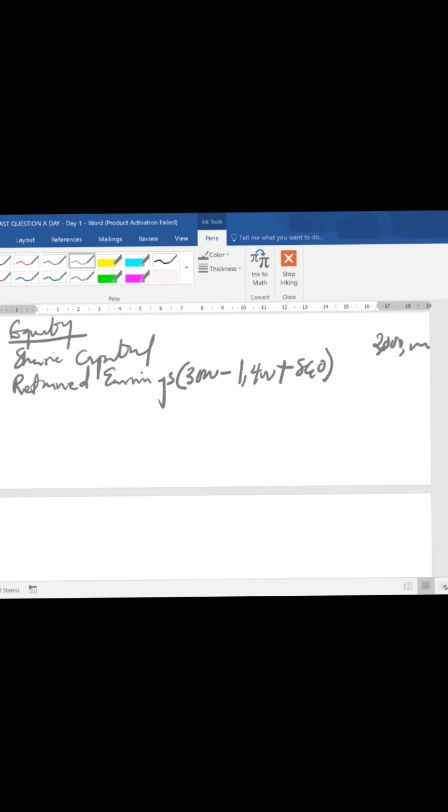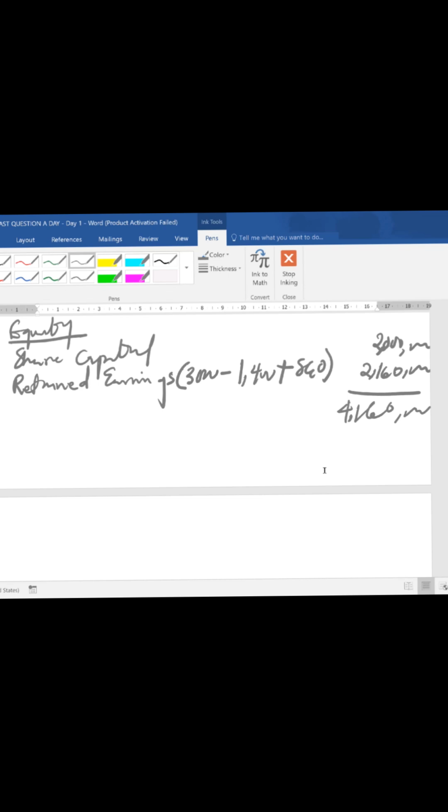And this is going to give us 2,160,000. So we have a total equity of 4,160,000. That's for our total equity.